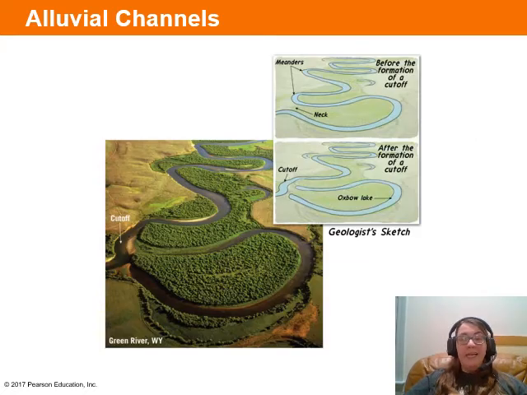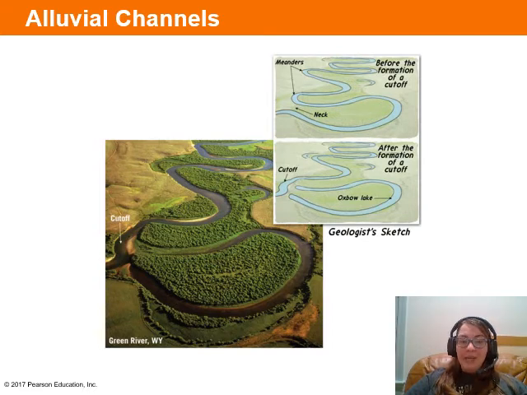So here we're seeing an actual image of one of these meandering streams. And we can see that this river meanders. It curves back and forth quite a bit. So each little curve of this river is a meander. But we know that over time, along the outside of our meander, we have a lot of erosion occurring.